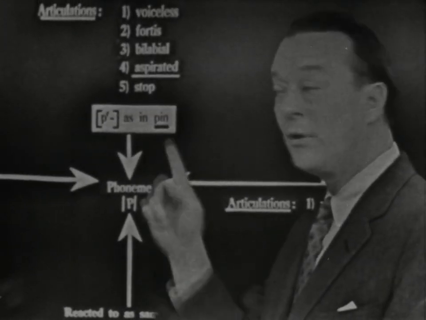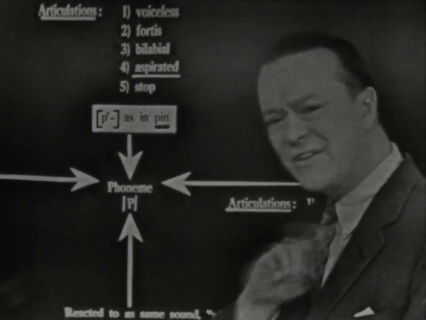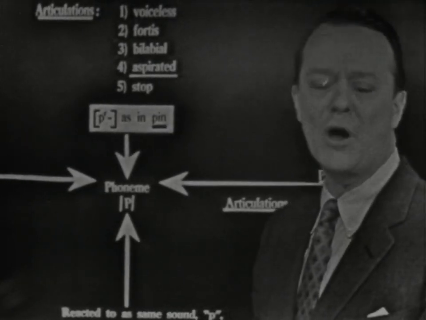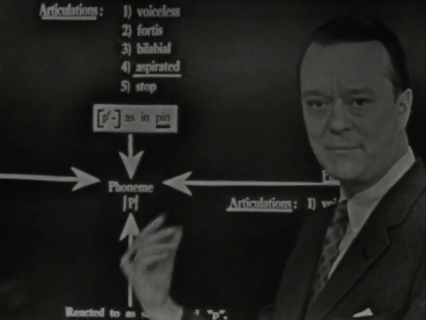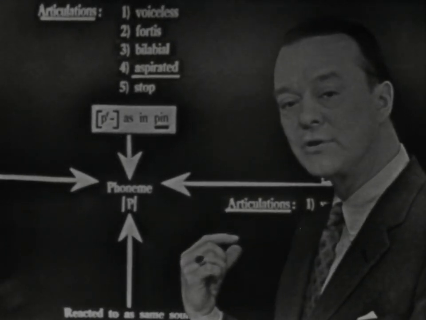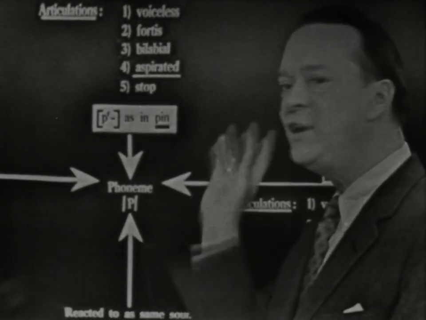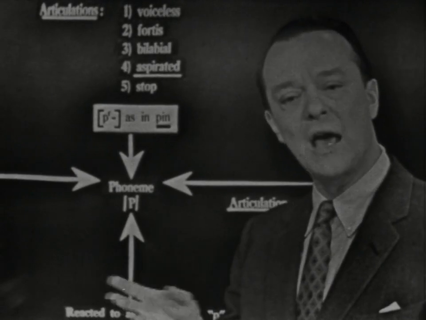These predictable, non-significant positional variations, which can be predicted every time, are called allophones of the phoneme. Another technical term, allophone simply means family member that's tied by resemblance.